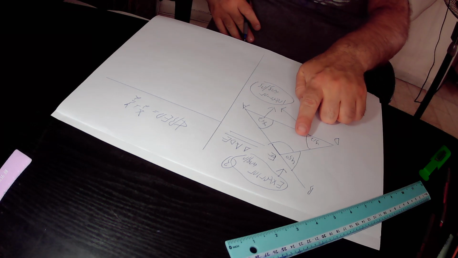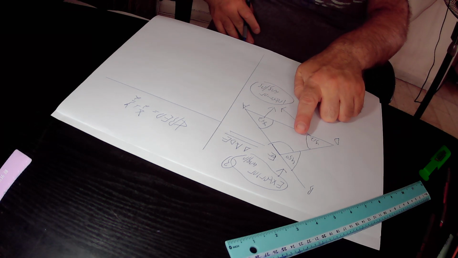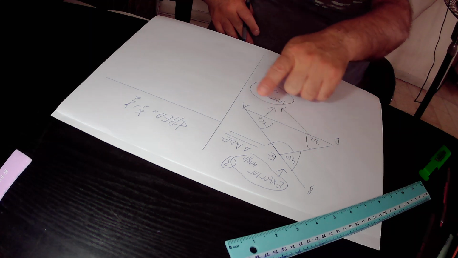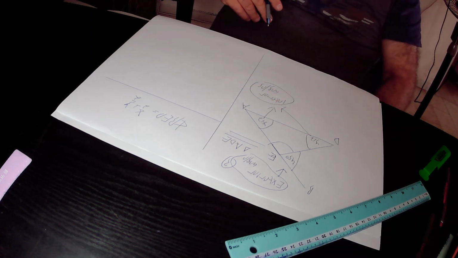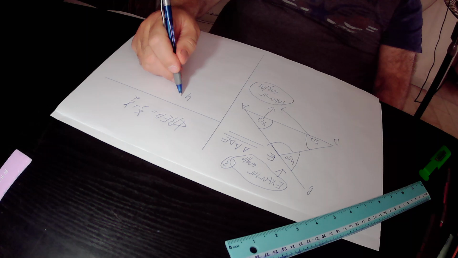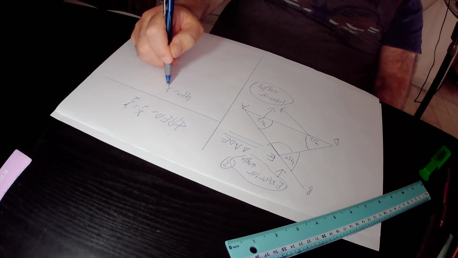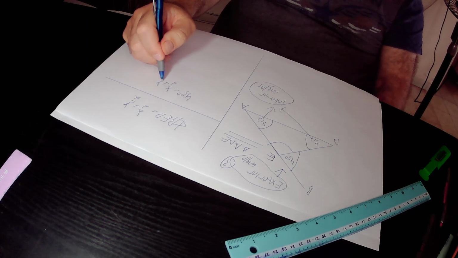But it is given in the question that the size of angle BED is 45 degrees, so 45 equals x over 2 plus y over 2.